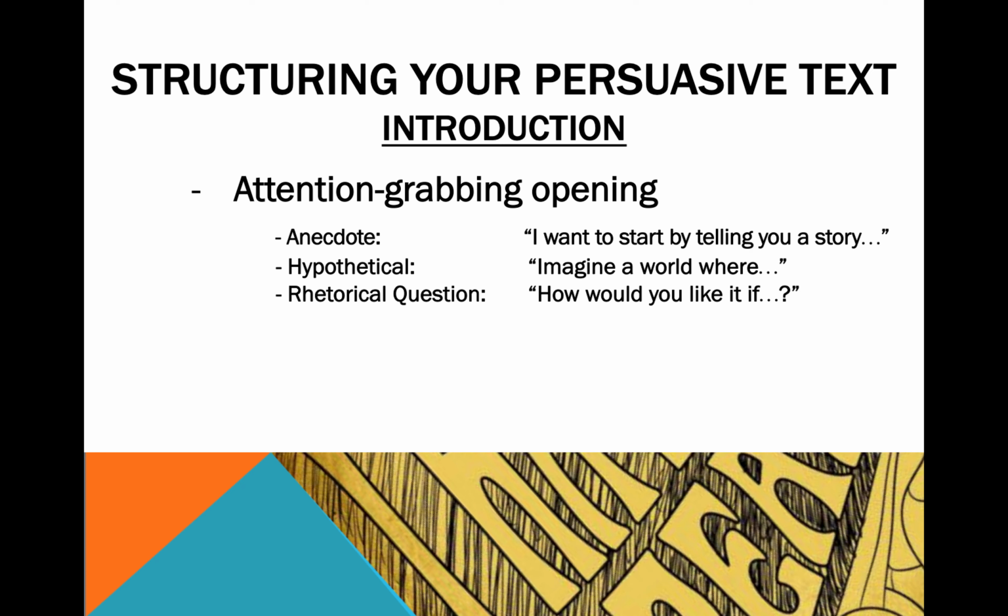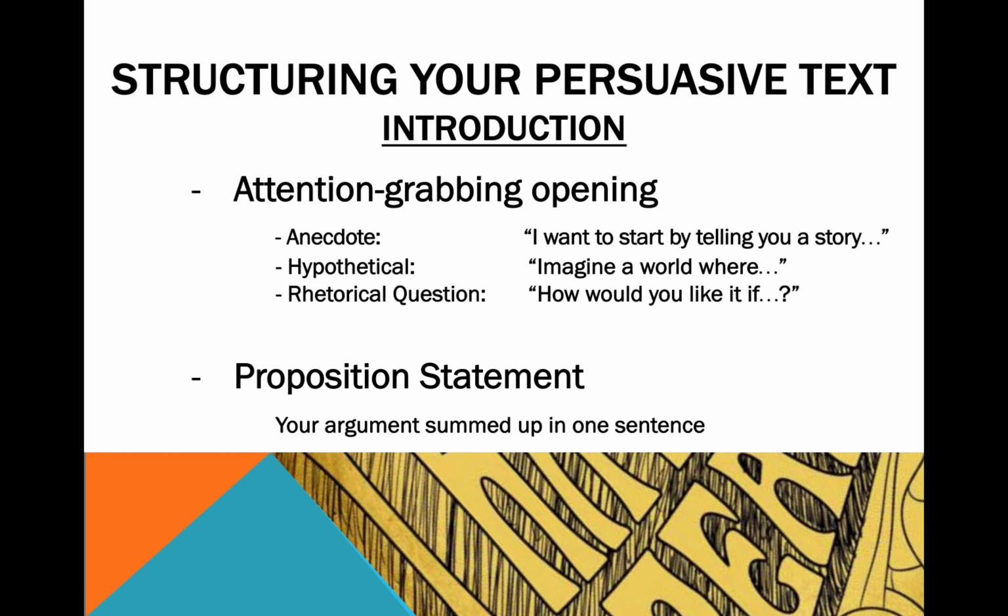Three ways you can do this is with an anecdote, which is a little story relevant to whatever you're discussing, a hypothetical scenario, or a rhetorical question. Then transition that attention-grabbing opening into your proposition statement, which is your entire argument summed up in one clear sentence. After reading your proposition statement, a marker and your target audience should be absolutely clear on what your argument is.